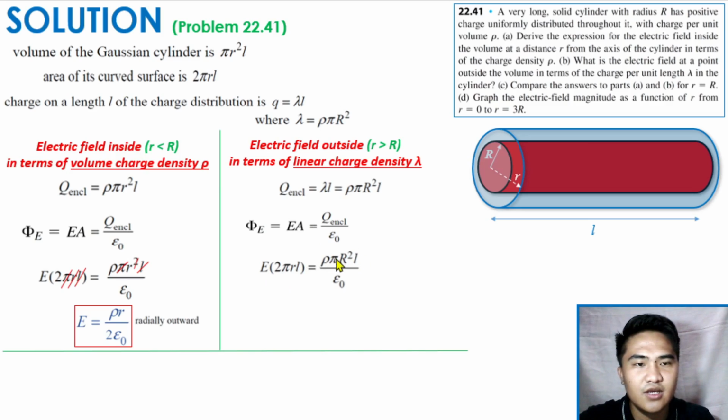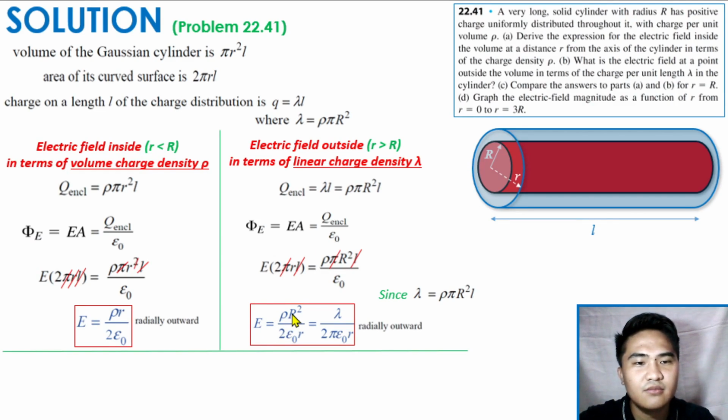So the Q enclosed is rho pi big R squared L, as you can see here. We will cancel pi, we will cancel the length. So rearranging this equation, we will have electric field is equal to rho big R squared over 2 epsilon naught small r.